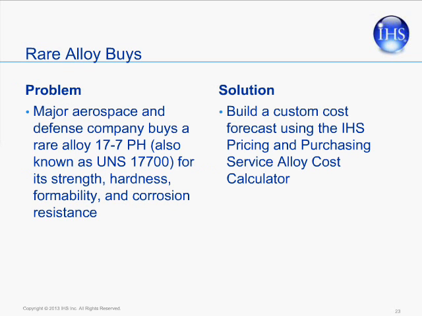So the in-depth look at our scenario here: a major aerospace and defense company wants to buy a rare alloy. I've chosen 177PH, which is also known as UNS 17700. It's known for its strength, hardness, formability, and corrosion resistance. For those of you who don't have the benefit of dealing in steels and stainless steels and other alloys, basically the idea is any material is going to have a number of weaknesses.